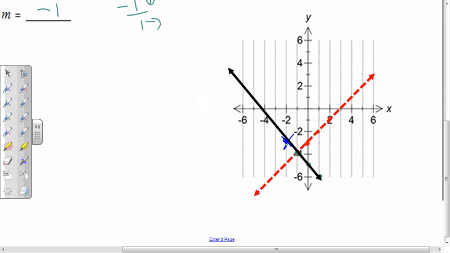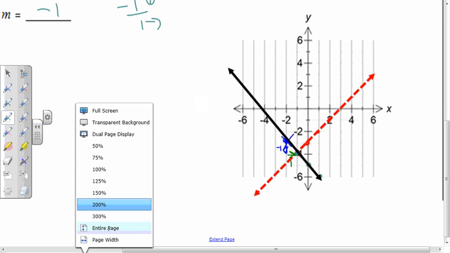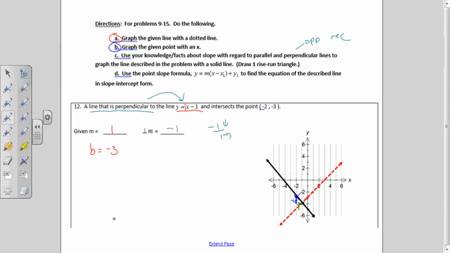Okay, and we see here we've got a slope of -1, rise, and 1 run. Okay, I'll zoom back out to the page level. Then I will do step D in purple.